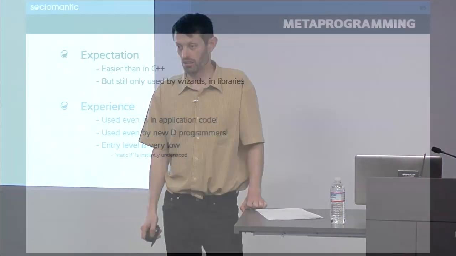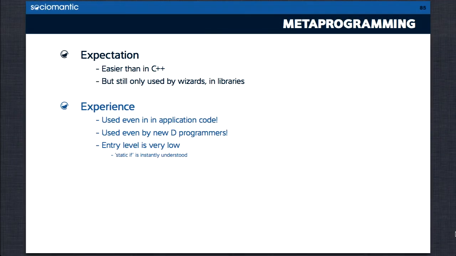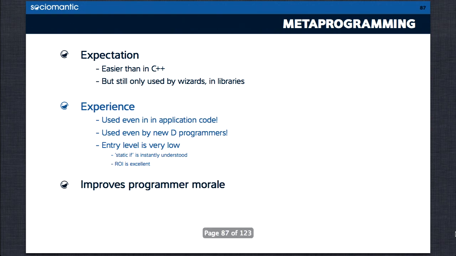This is a big sign that the entry level is very low. Static if is a huge win. It's instantly understood. You can teach that in 2 minutes. The return on investment for learning that feature is just fantastic.